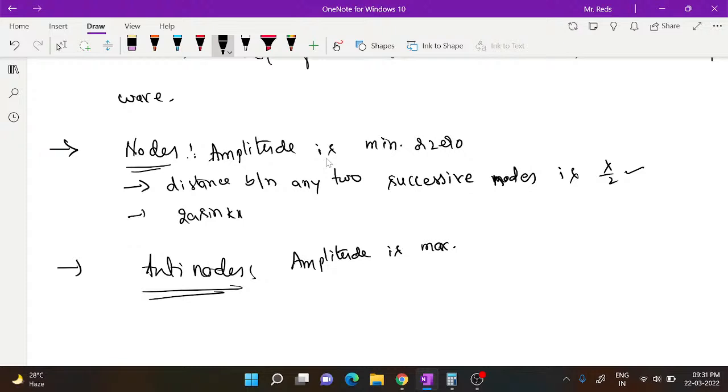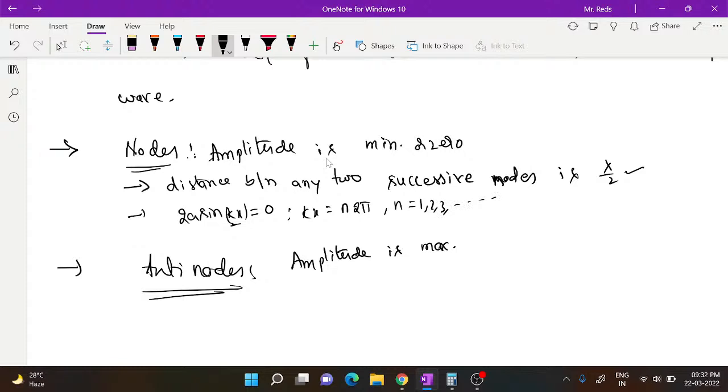For what value will it be minimum? The minimum value of sin kx is 0, so it can be equal to 0. For what values can it be 0? The entire kx will be equal to 0, pi, 2 pi, 3 pi and so on. So kx should be an integral multiple of 2 pi, where n can take values 1, 2, 3 and so on.